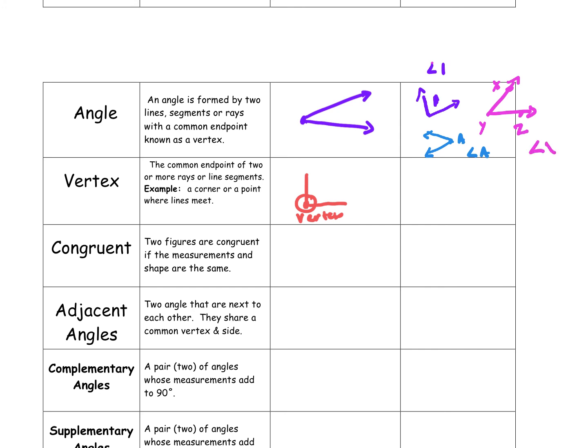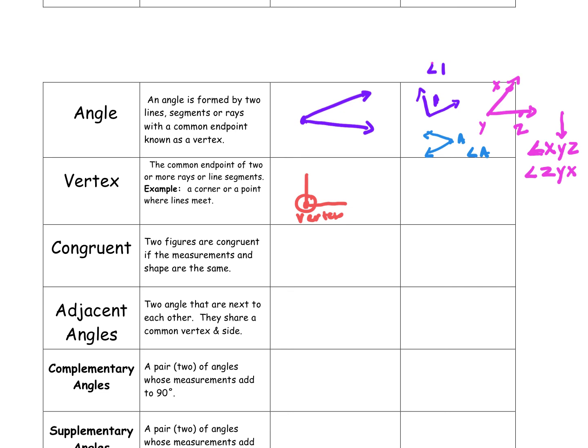We could call it angle XYZ, or we could say angle ZYX. But what's most important is the vertex is in the center. And our little symbol for an angle looks kind of like a crooked L or an angle itself. So that's the symbol we need to use.